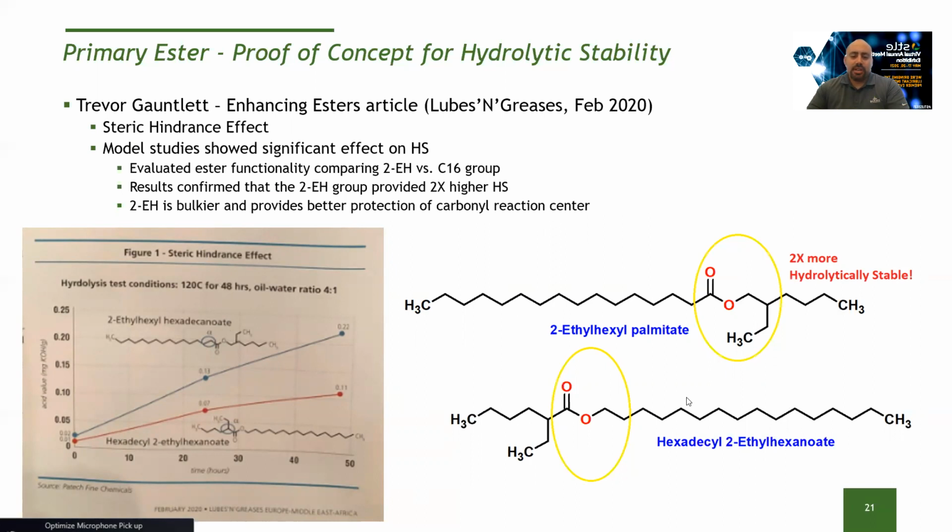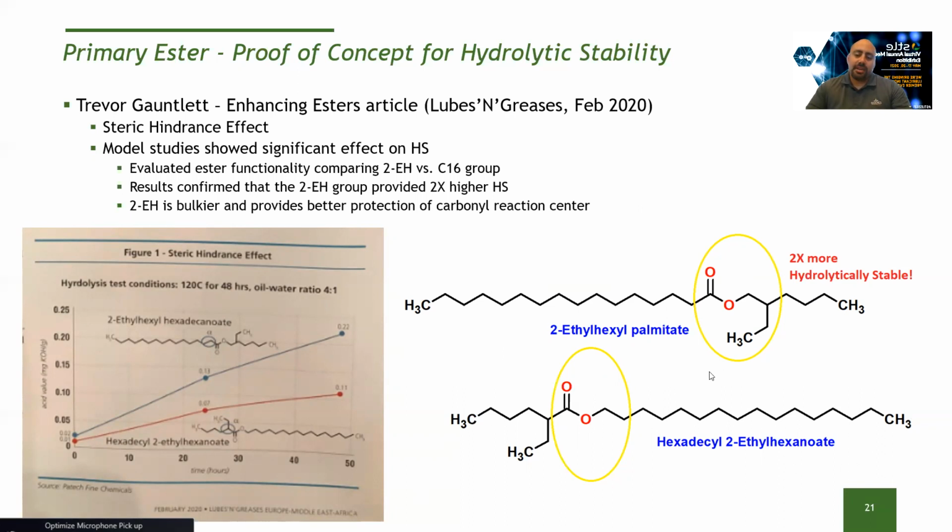He reported that these two molecules underwent a hydrolytic stability test at 120 degrees Celsius for 2 days. What he found was, when you have this ester group here, which is 2-ethylhexyl, versus a C16 group, this molecule was 2 times more hydrolytically stable compared to this molecule here.